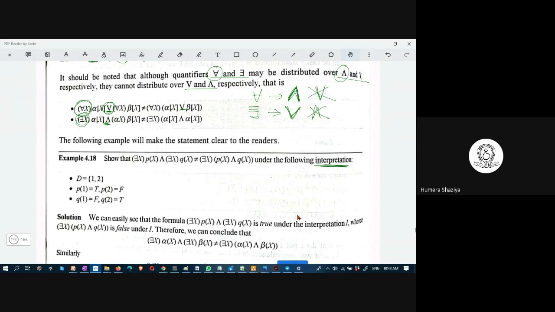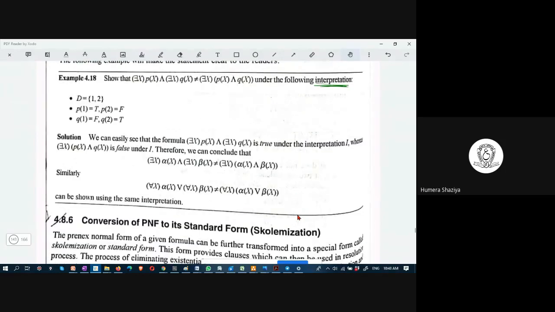For domain, values specified are 1 and 2. P of 1 is equal to true, P of 2 is equal to false. Q of 1 equal to false and Q of 2 equal to true. These are the specific values to understand the inequality of these two formulas.